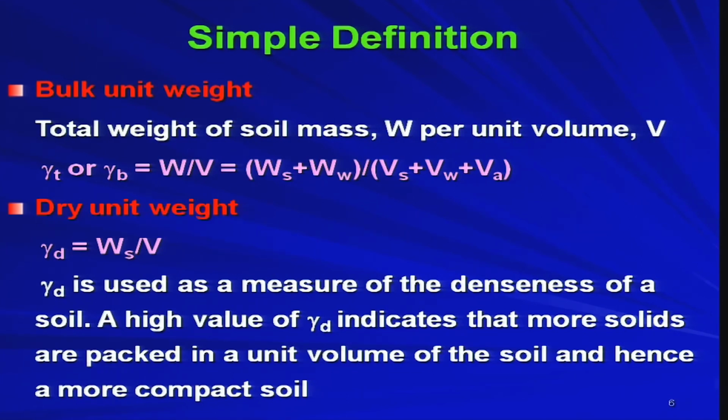Why do we really need this, because we have already defined bulk unit weight? Gamma D is used as a measure of the denseness of a soil. If your gamma D is increasing, your indication should be that we are going to a more dense deposition of the soil.